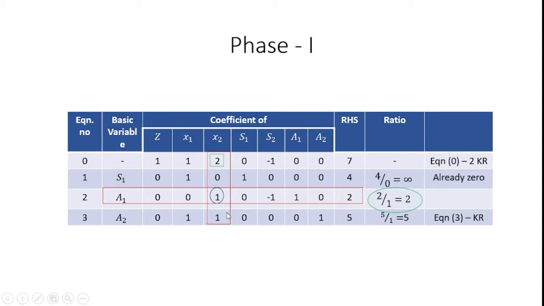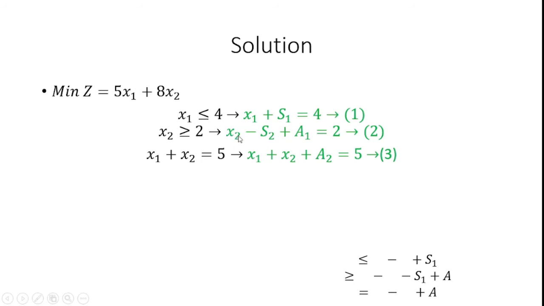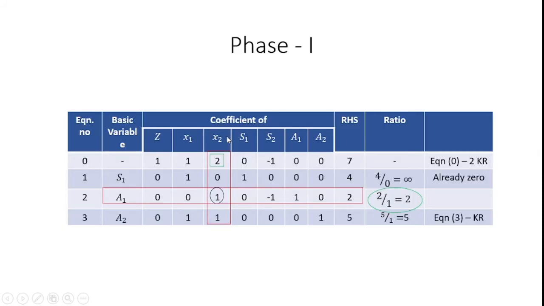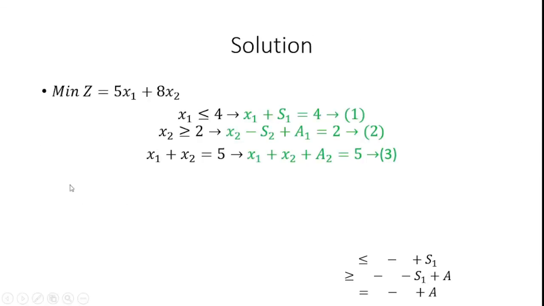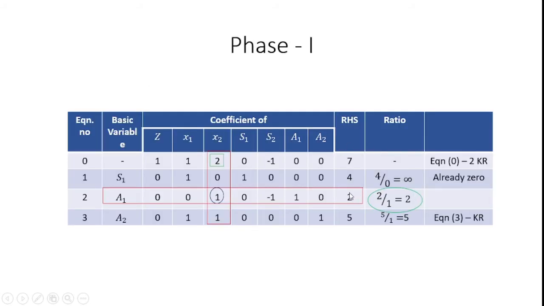X2 is available with a coefficient of 1, so I place 1 in the corresponding cell. S1 is 0, S2 is -1, and the A1 coefficient is 1. The right hand side value of the constraint equation is 2, so I fill that cell with 2.